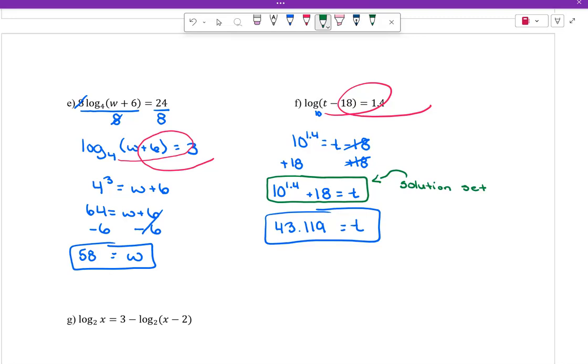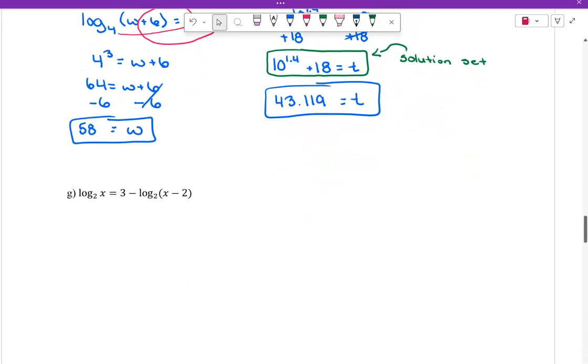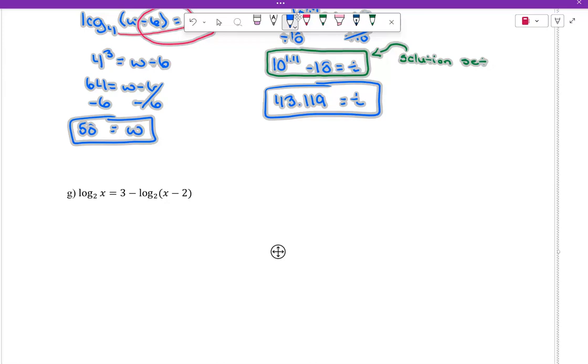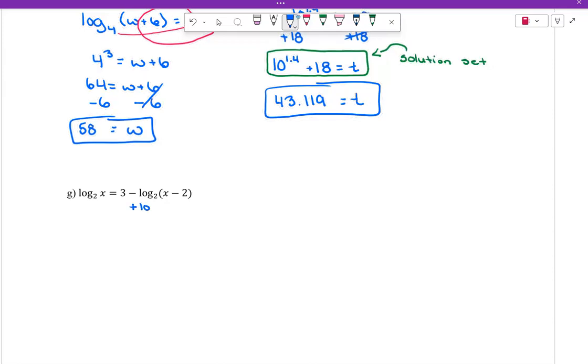Okay, let's go look at this G. So we definitely don't have a log equals a number, but if you think of it, we can move this to the other side.